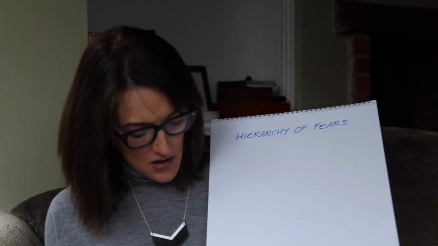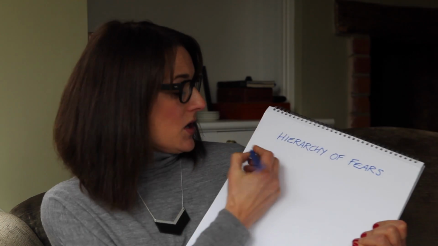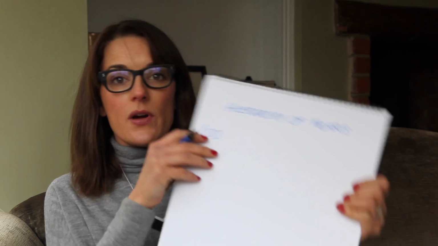And then once you've chucked them all down on a piece of paper, you want to actually turn them into a hierarchy. And the way that you do this is basically down at the bottom, maybe write 10, and up at the top you write 100. So at 100, what you're going to do is put whatever is the most fearful situation for you that you can imagine finding yourself in, like today, as your OCD is.